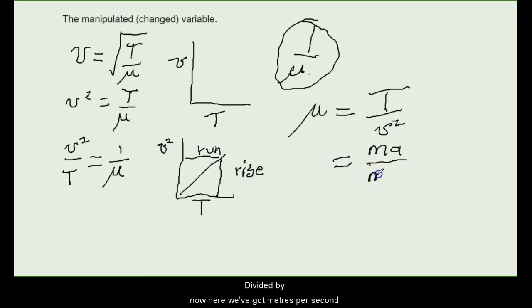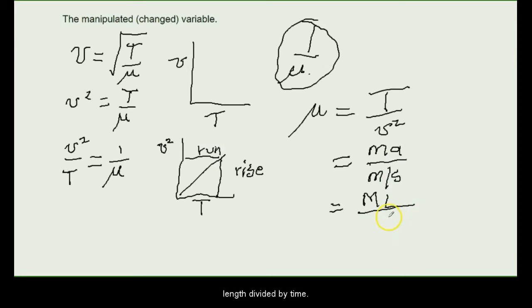Now here we've got meters per second. Let's break that down a little. Mass is M, capital M, its dimension. Acceleration is length divided by time, and this capital T here is the dimension for time, and here we've got meters per second, and that is squared.